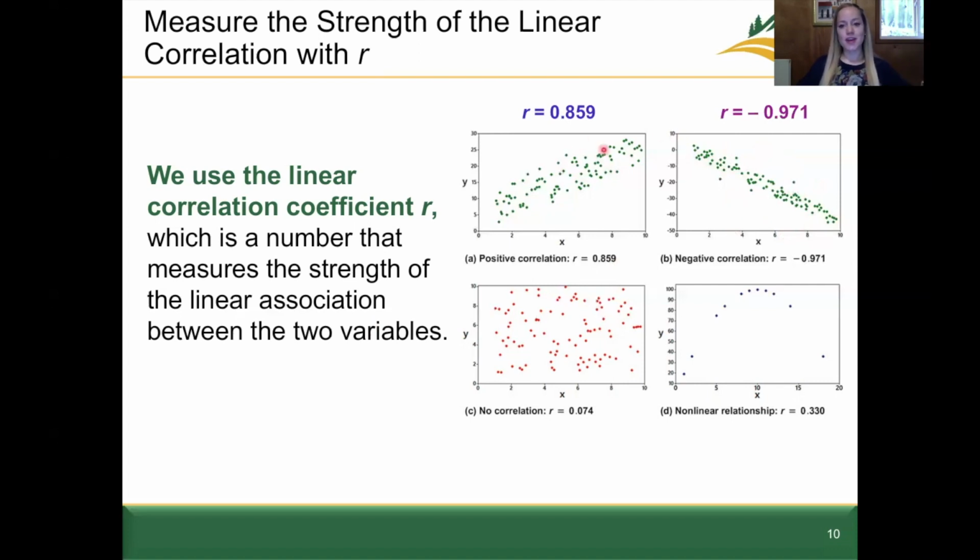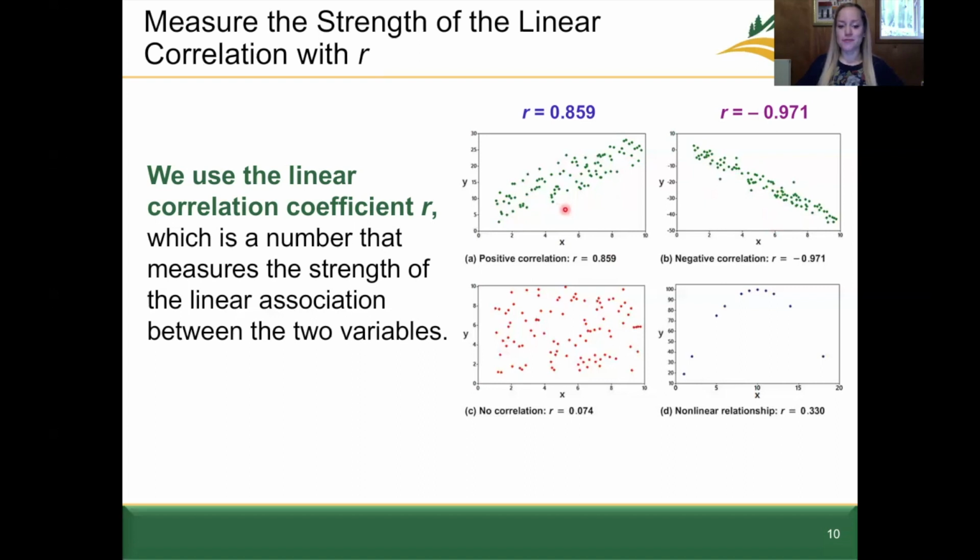Here with an R value that has a smaller magnitude, we still see the straight line, but the data points are more spread out. So a magnitude of 0.971 has a stronger correlation than a magnitude of 0.859. Again, it's whatever number is closer to 1, either positive 1 or negative 1, that tells us the strength of the correlation.